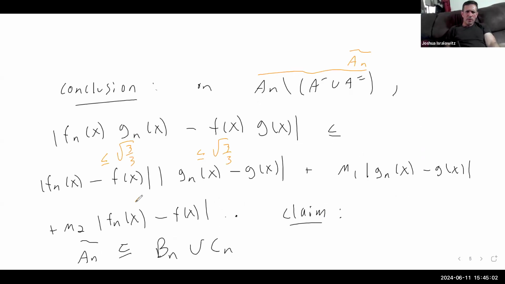So this is less than or equal to eta. But this is also less than or equal to eta over 3M2.